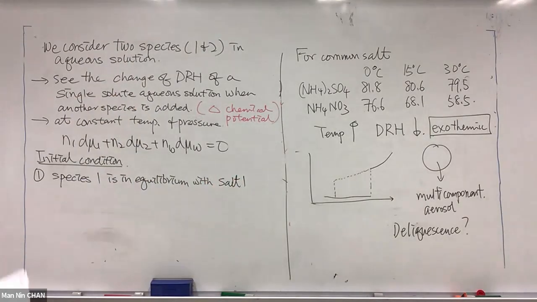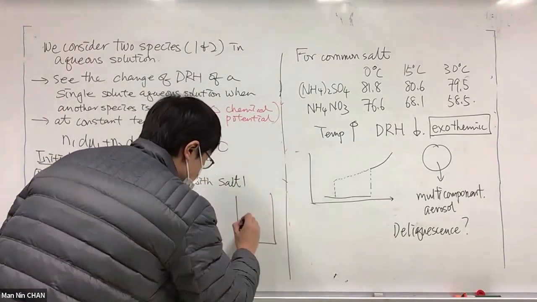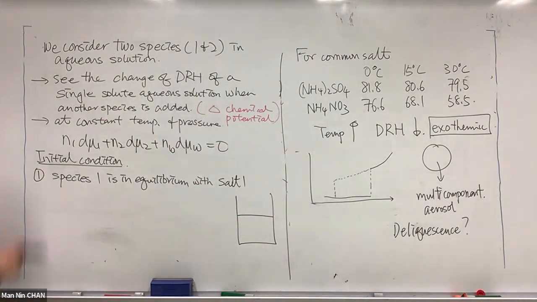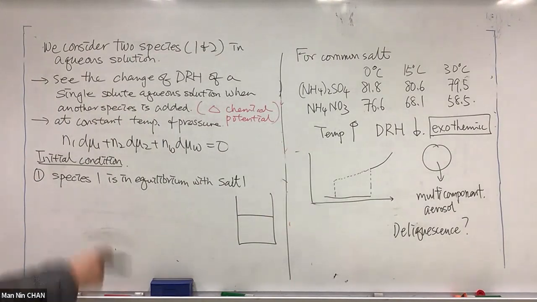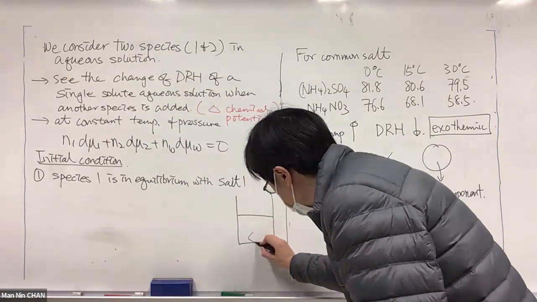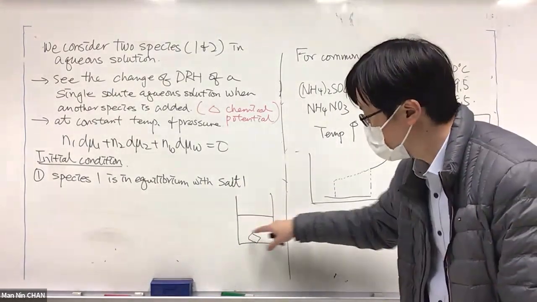So what does that mean? Initially you have a solution, and you have a species one, and you are in equilibrium with the salt. So you add a lot of salt, and eventually this solution becomes saturated.